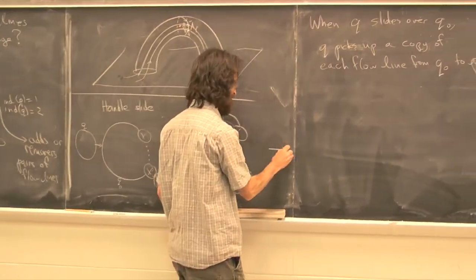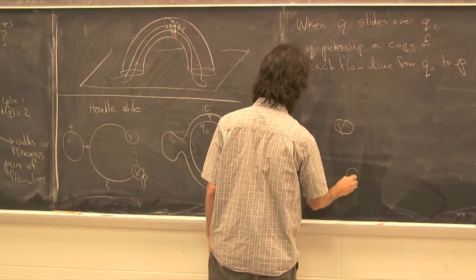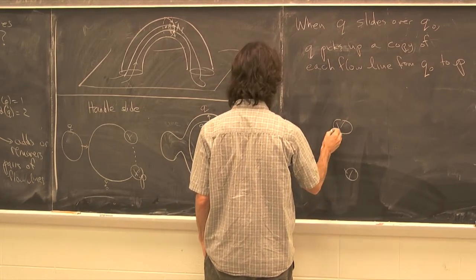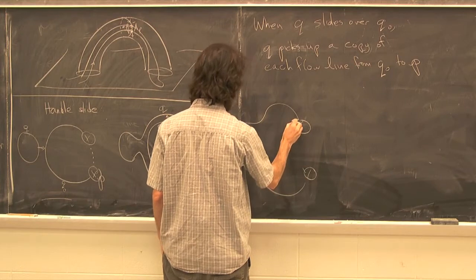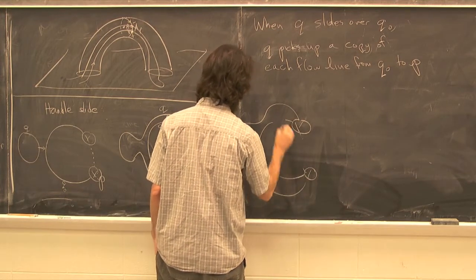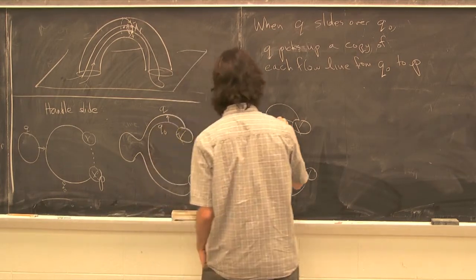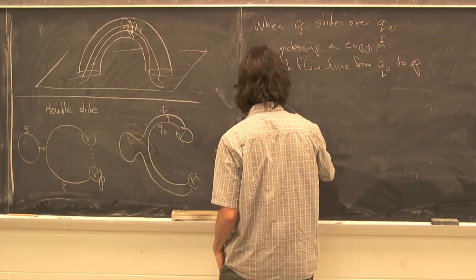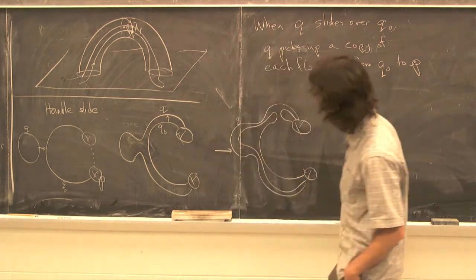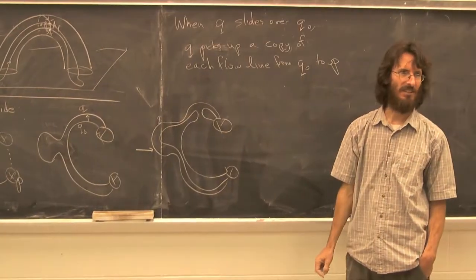And so then what do I get? Q0, I'm going to slide over, so now it goes this way. Okay, do you understand how I get there?